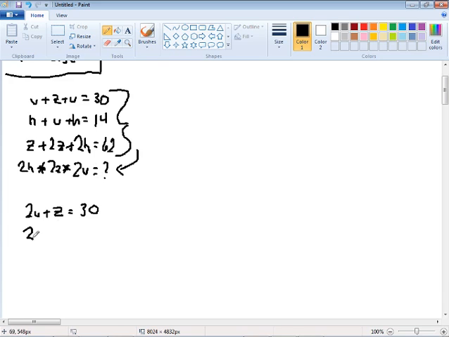So I can say 2H, or 2 horse, plus the unicorn is equal to 14. And then I can come down to this third one. I can see Z plus 2Z plus 2H is equal to 62. Well, 2Z plus 1Z is 3Z plus 2H is equal to 62.